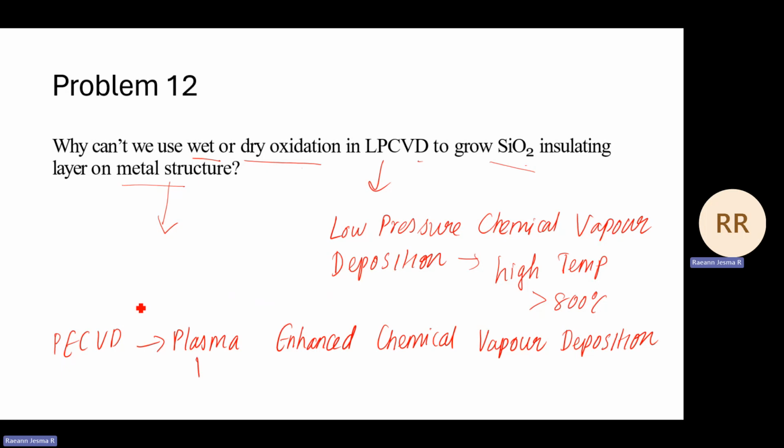In this technique, we supply the energy required for the chemical vapor deposition by using plasma. Since most of the energy required for the reaction to happen is supplied using plasma, we can do the process at a lower temperature, like 200 degrees to 350 degrees centigrade.